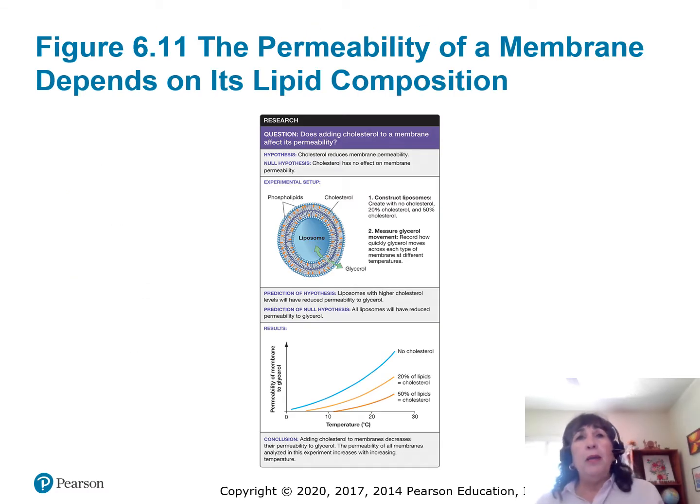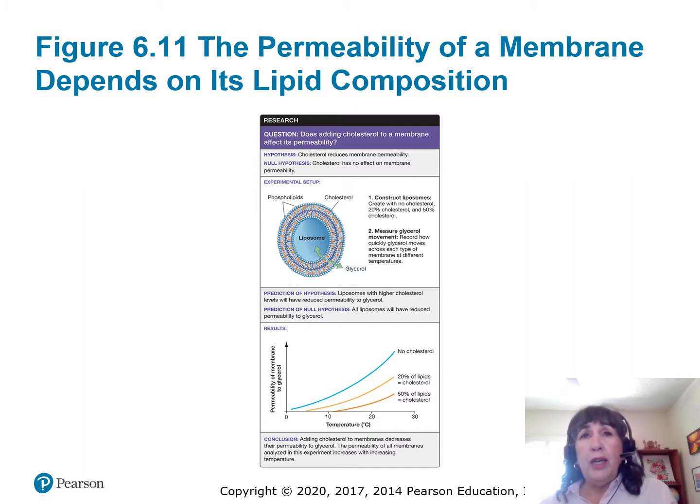In this experiment, they looked at temperature and the amount of cholesterol found in a phospholipid bilayer. If you look at the graph at the bottom of the slide, the x-axis is temperature in degrees Celsius, and the y-axis is the degree of permeability. The blue line has the most permeability. That's a cell membrane with no cholesterol.